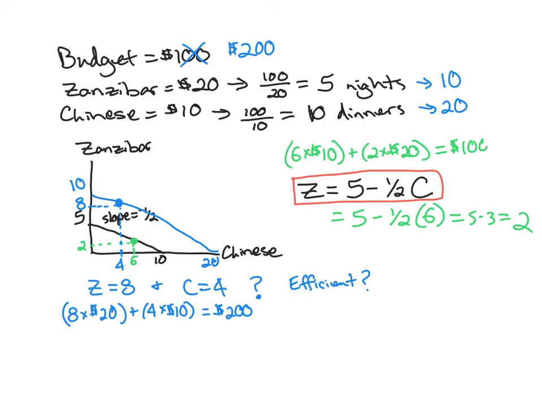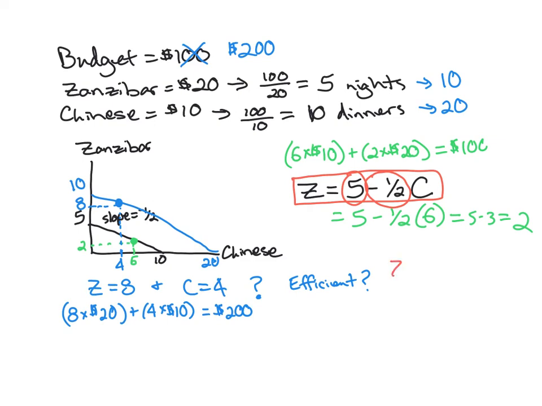So how will this equation change when May's budget goes from $100 to $200? Well, we already determined that the slope does not change. The trade-off between Zanzibar and Chinese nights is not different now that she has a higher budget. But what's possible in terms of absolute visits to either is now different.